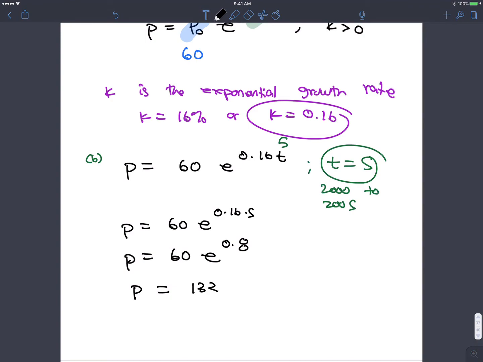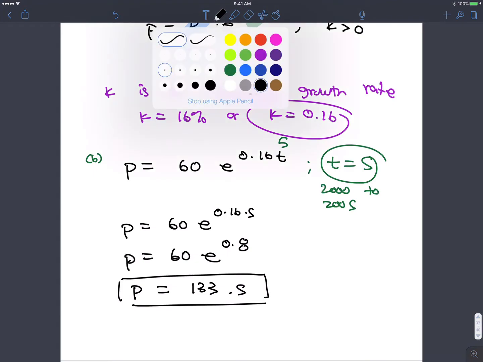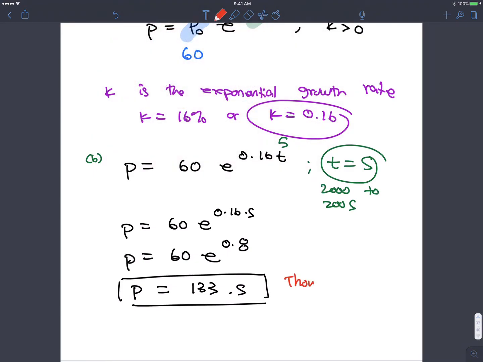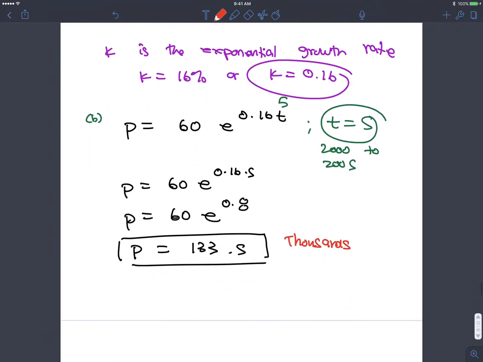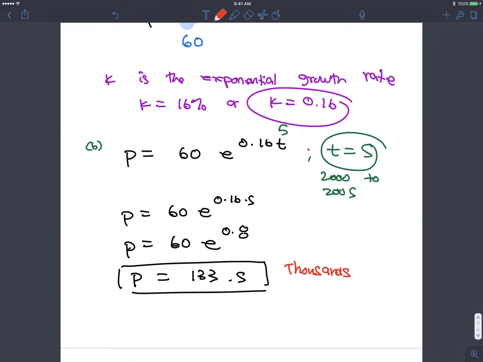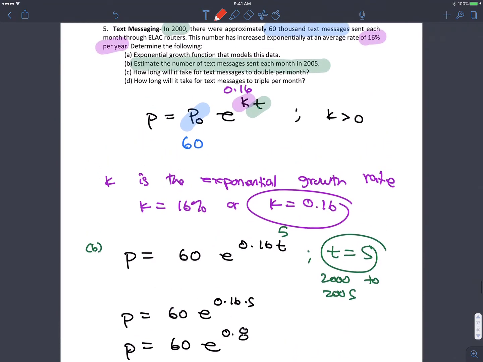We get 133.5. Now, again, this is also measured in thousands. So about 133.5 thousand text messages now go through ELAC's server. Initially it was 60,000. 5 years later, with a 16% growth rate, it's now 133.5 thousand text messages every month. And that's how you answer question B.